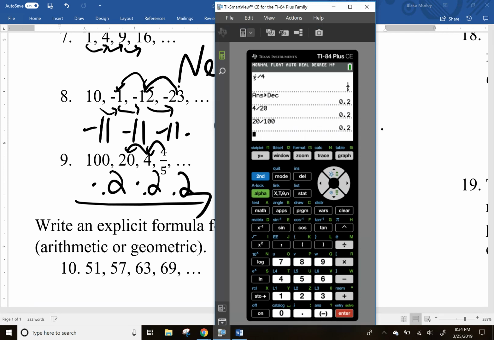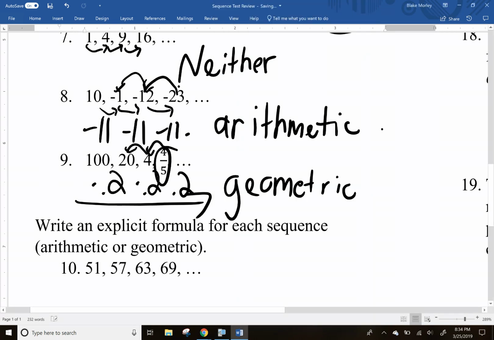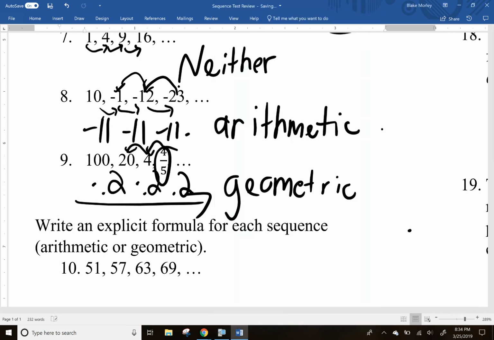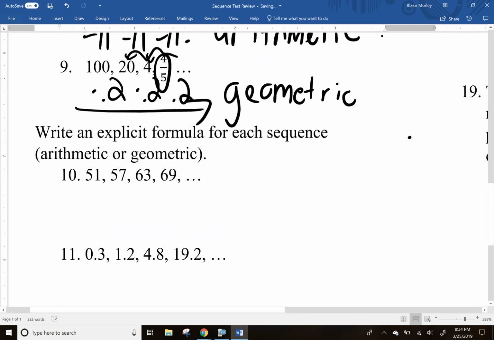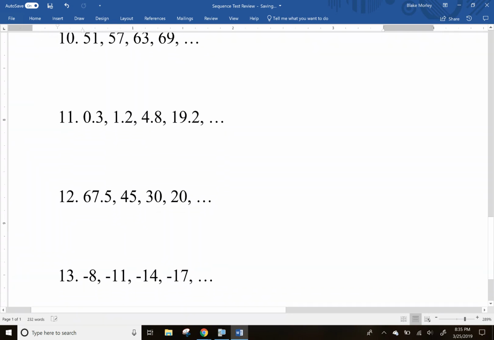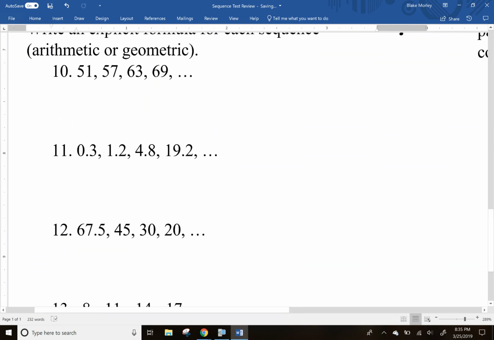And again, to test that theory out, you could plug that in. 100 times 0.2 is 20. 20 times 0.2 is 4. 4 times 0.2 is 0.8, which 0.8 is the same thing as 4/5, by the way, right? If you hit math and then turn to a fraction, that 0.8 is 4/5. So when I do it backwards, it's only to figure out which sequence works, and then that number will tell me what I'm adding by or multiplying by, depending if it's geometric or arithmetic.